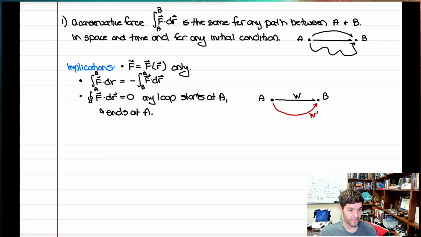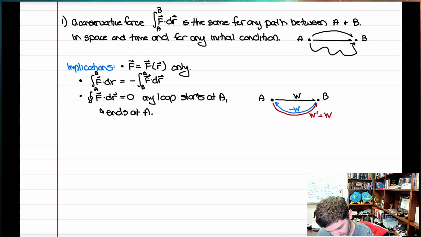Well, by the assumption of statement 1, this also better equal W, right? If it doesn't matter which path you take, then the same amount of work is done, that also is W. Furthermore, if I go from B back to A, that then better be negative W, because it's just negative the amount of work. Going from A to B was W in red, negative is then negative W in blue.